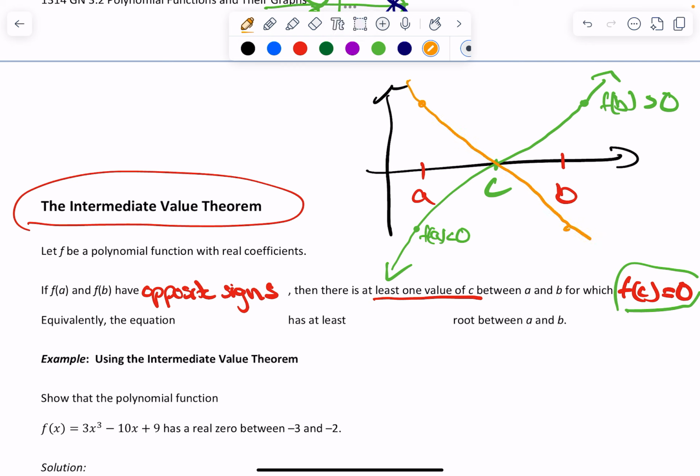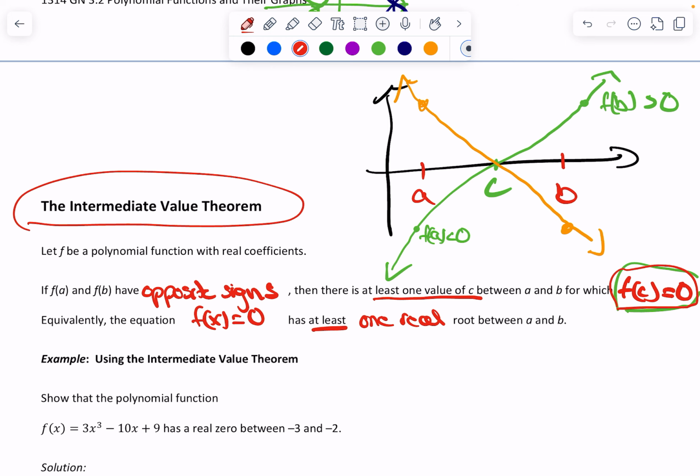And again, there's f of C that is a 0. I'm holding the pen somehow that it keeps erasing. So equivalently, the equation f of x equals 0 has at least one real root between a and b. So that's what f of c equals 0 is.